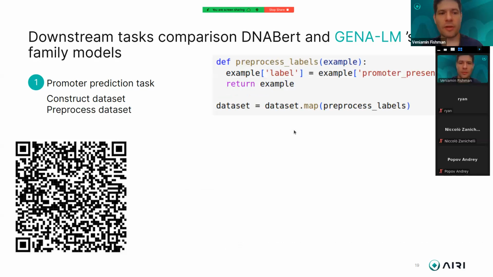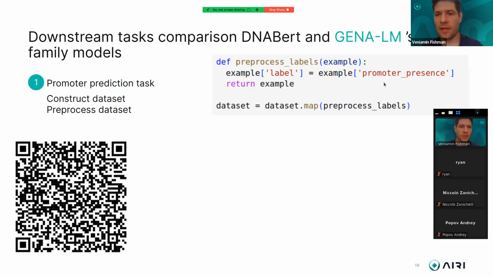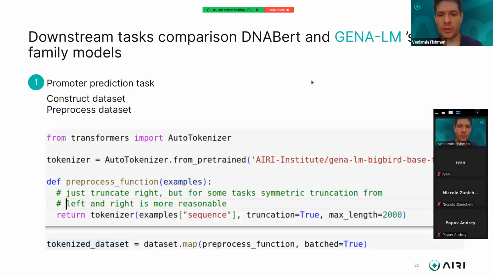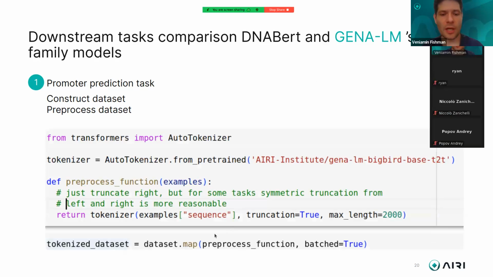After constructing this dataset, you would need some pre-processing steps. For example, you would need to rename the labels: if they were originally called promoter presence, for working with standard classes from transformers libraries you would need to relabel them as label. You would also need to pre-process the sequences, because as Yuri already told, we tokenize input sequences.